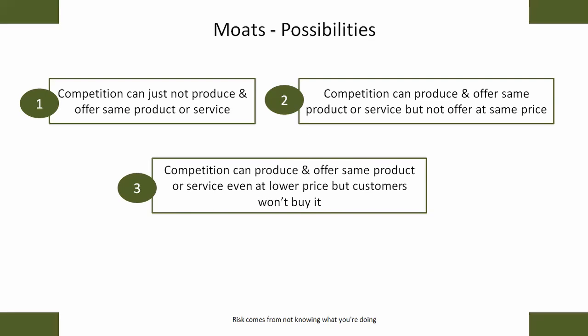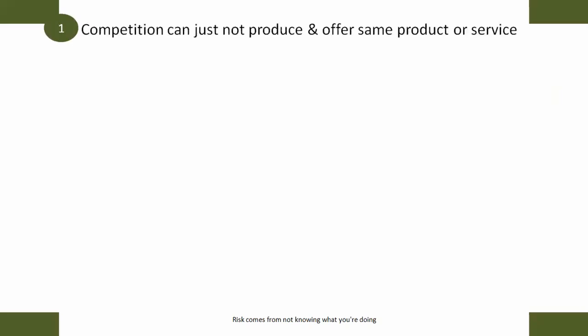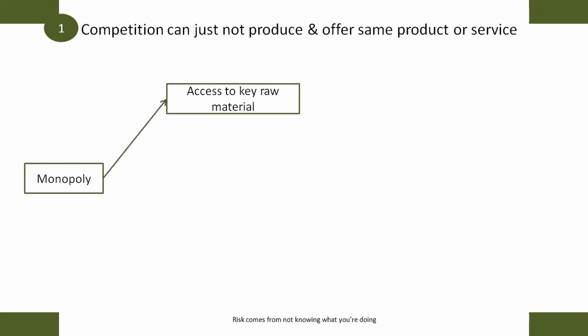So what will create these kinds of possibilities? That is what we will evaluate. The first one is that competition can just not produce and offer the same product or service. What it means is basically a monopoly kind of situation. That could come from having access to a key raw material.